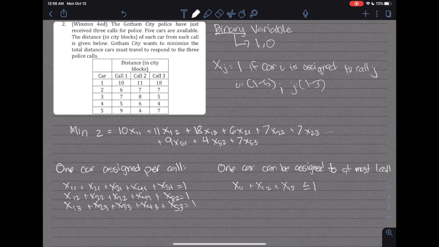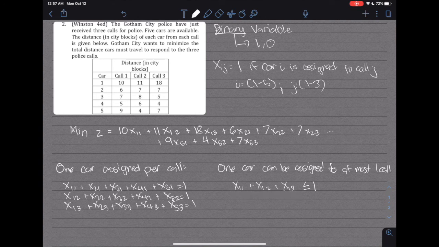This means that if car 1 is already assigned to call 1 and gets a value of 1, the other two will automatically get a value of 0. But it's also possible that all three of them have a value of 0 and it's still less than or equal to 1, meaning car 1 will not be assigned to any of the calls.